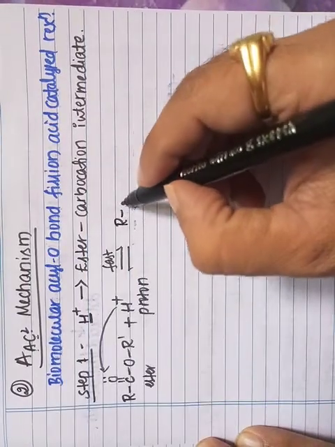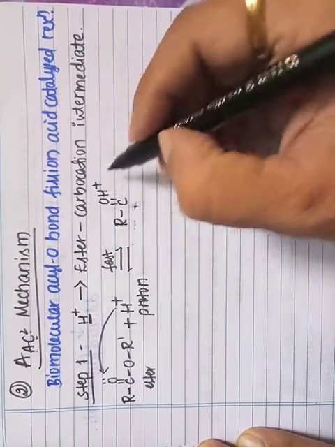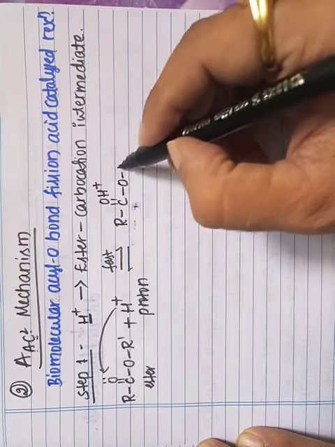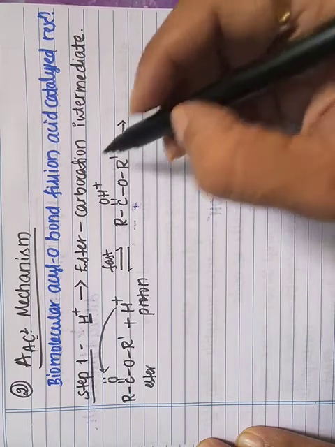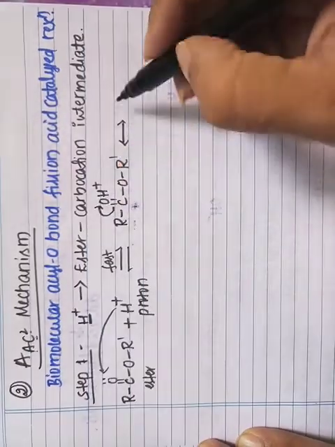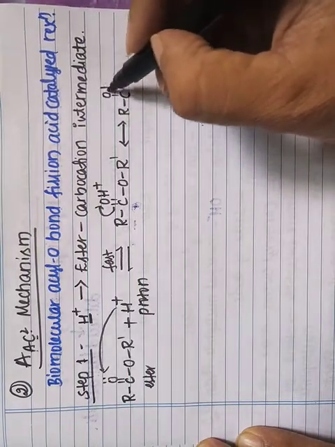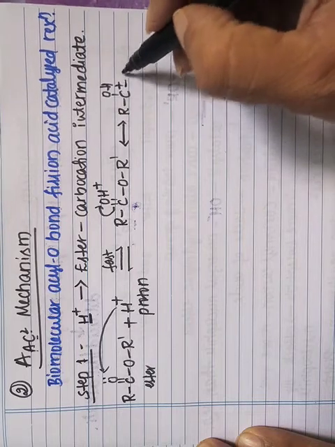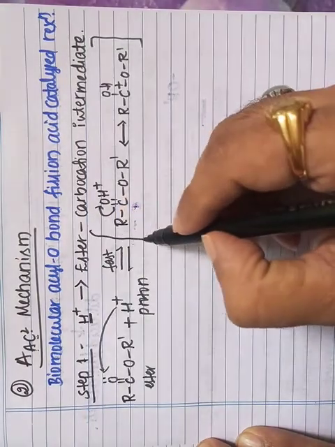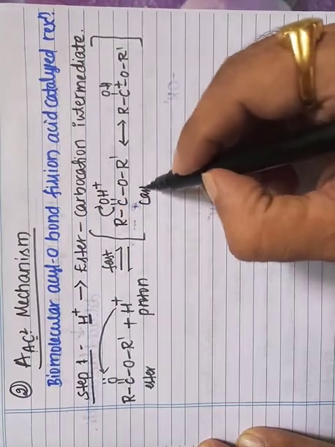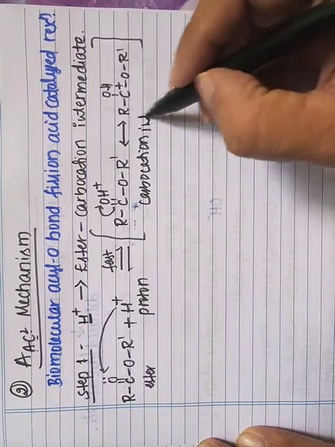So this is the carbocation intermediate.